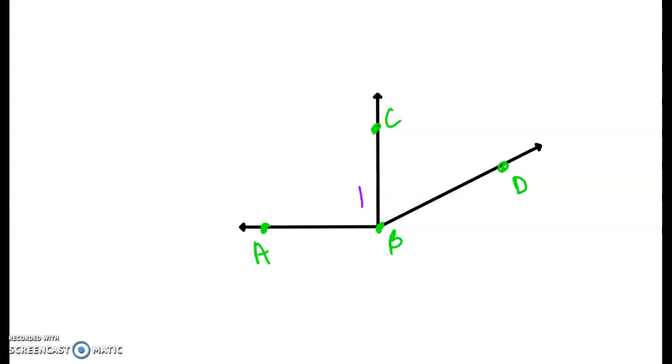All right, so here let's try this one. If I asked you to identify angle 1, hopefully you're looking right here. This is my angle 1.